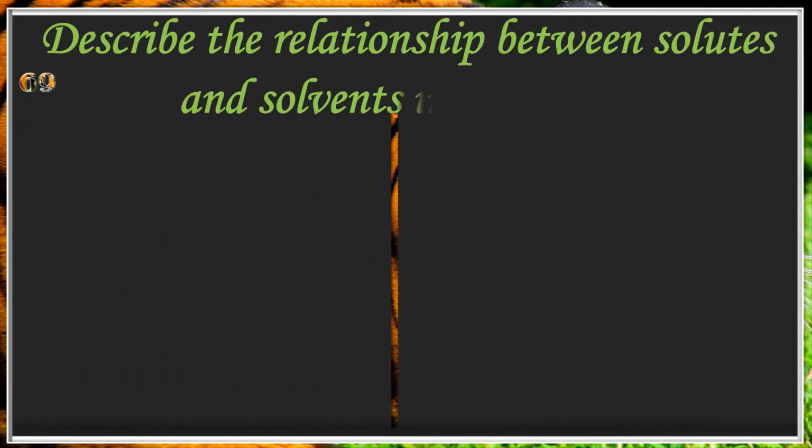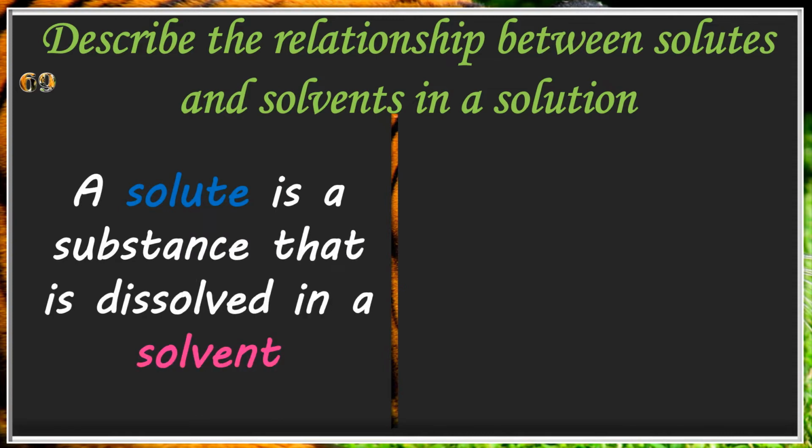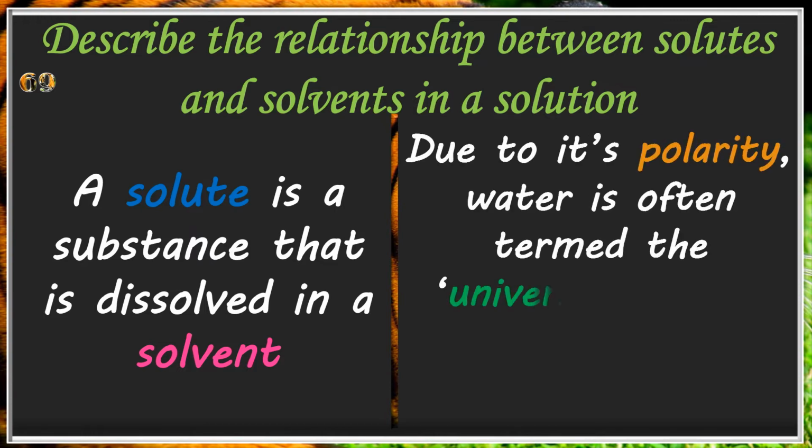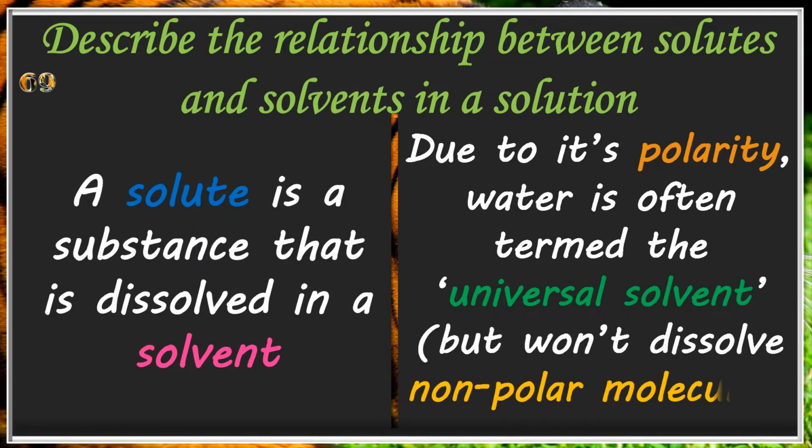Describe the relationship between solutes and solvents in a solution. A solute is a substance that is dissolved in a solvent. Due to its polarity, water is often termed the universal solvent, but won't dissolve non-polar molecules.